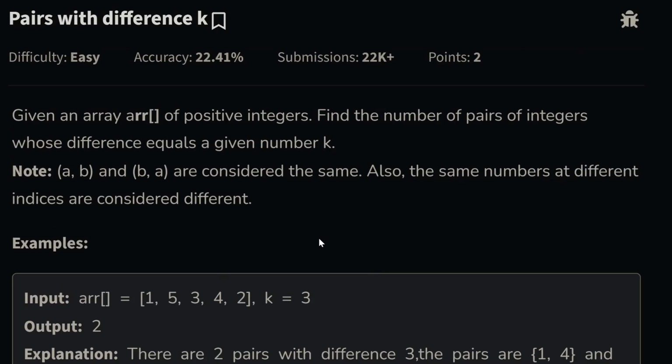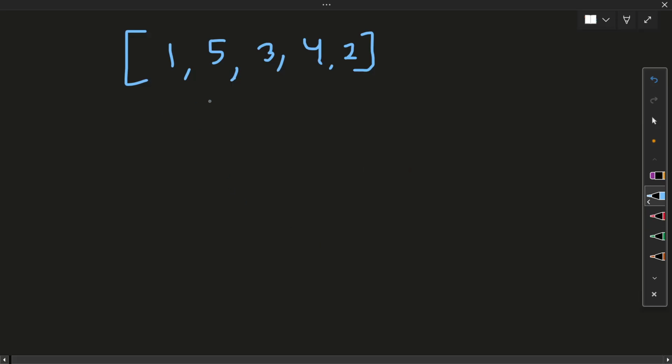So let's try to build the approach. We are given this test case and we need to count how many such pairs exist. I hope you have already solved a question where we need to find the summation of a plus b, whether it is equal to k. This problem is very famous and it is known as two sum.